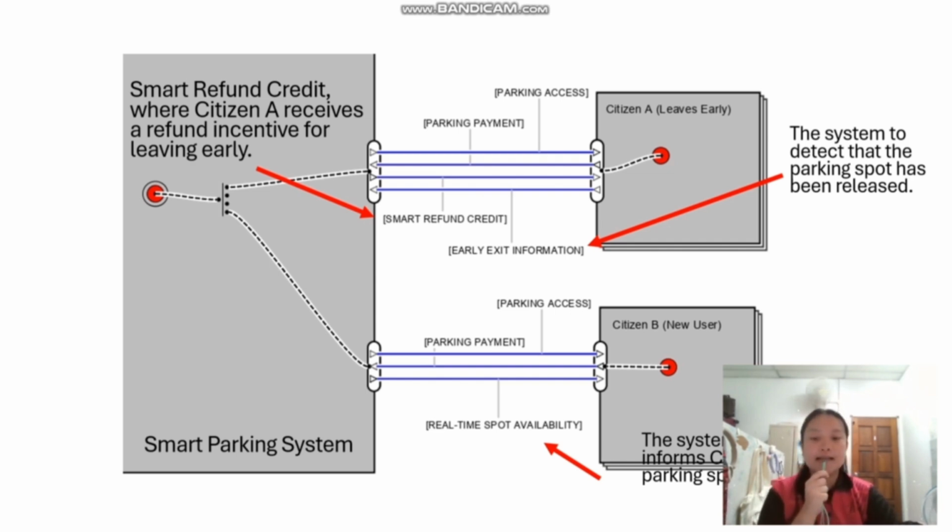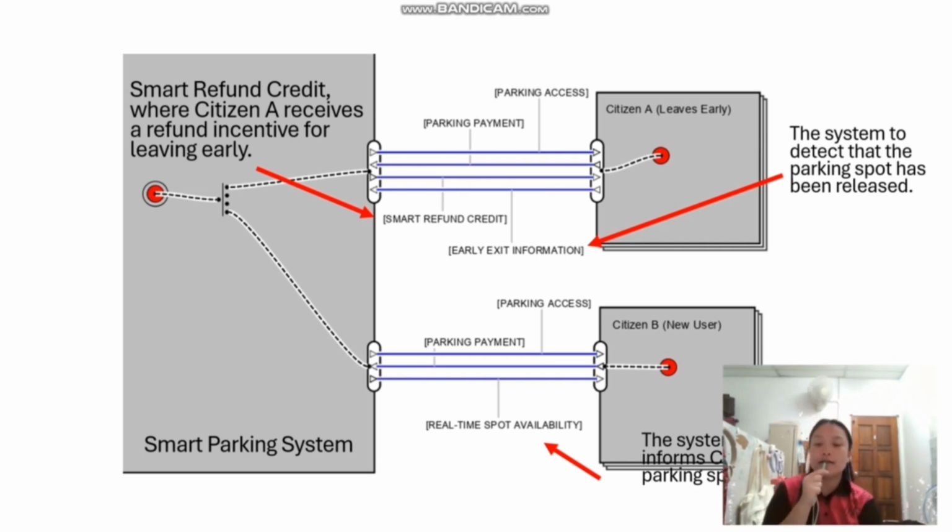The first one is the smart refund credit, where citizen A receives a refund incentive for leaving early. The second value exchange is early exit information, which allows the system to detect that the parking spot has been released. The third value exchange is real-time spot availability. The system immediately informs citizen B that the parking space is now available.